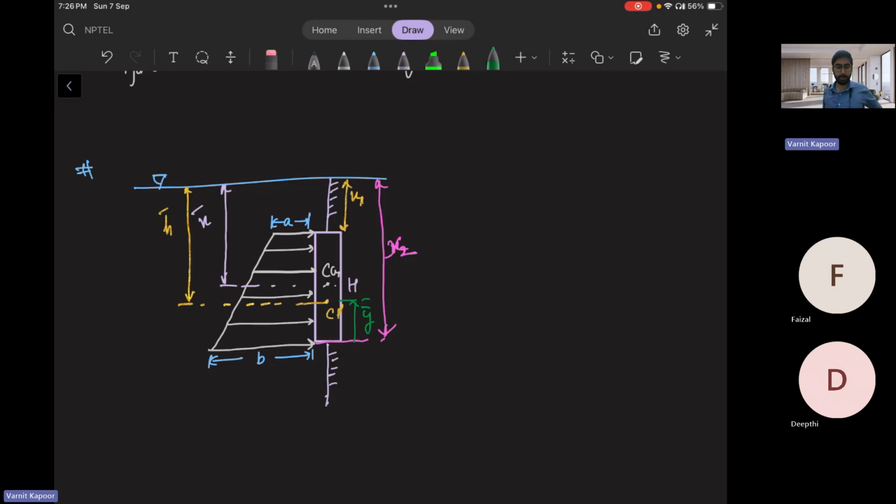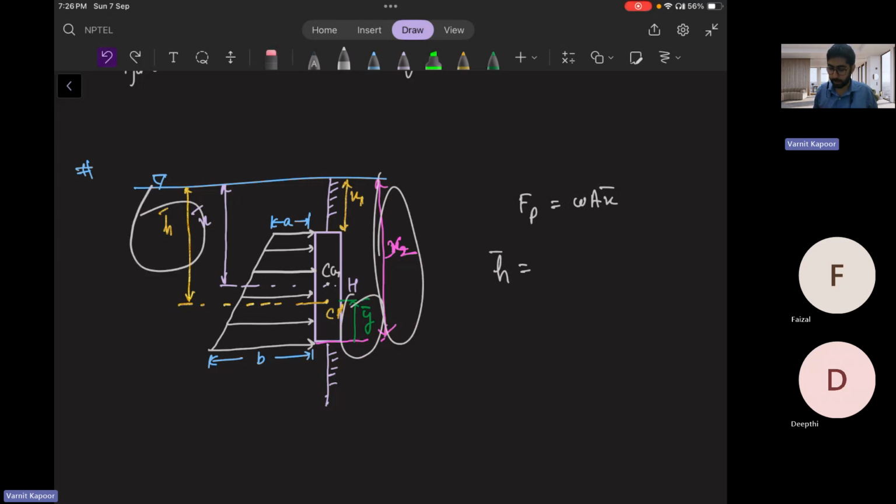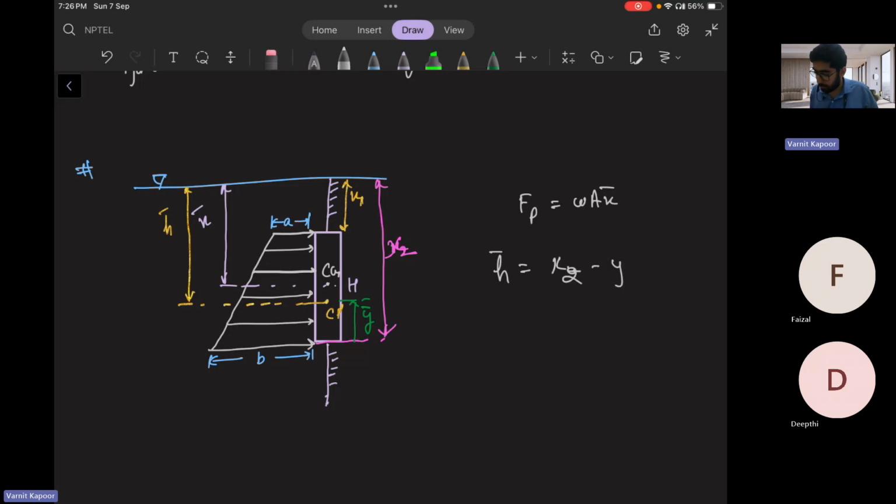Small y bar. Okay. So what will be the pressure force? FP is nothing but WAX bar. But you don't know what is, first of all, y bar, and then what is h bar also. So h bar is nothing but complete x2. From x2 you subtract y bar, you will get your h bar. So h bar is x2 minus y bar.